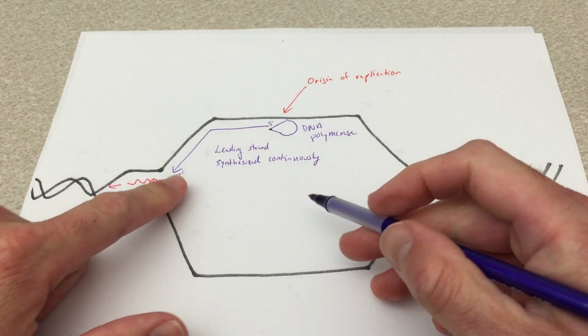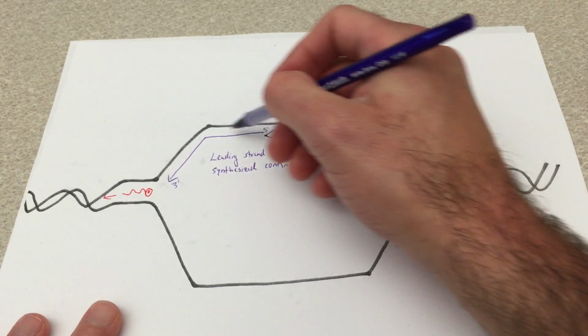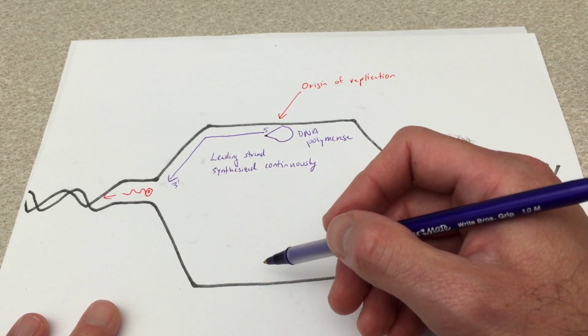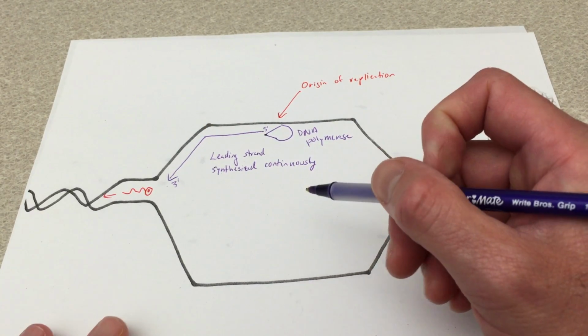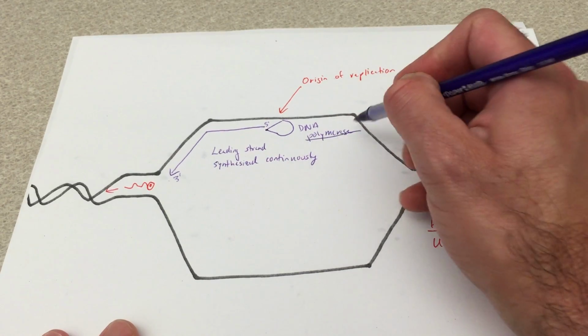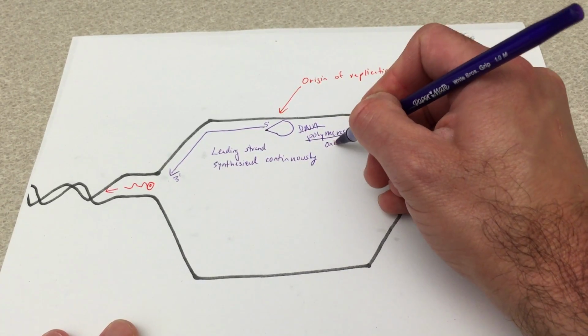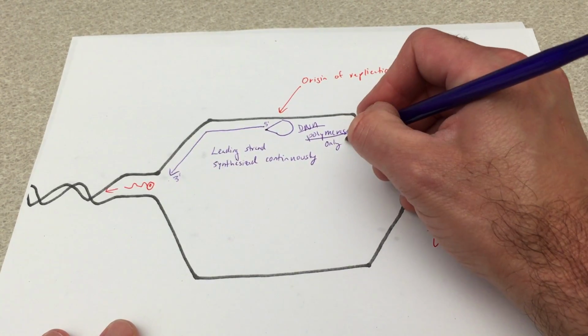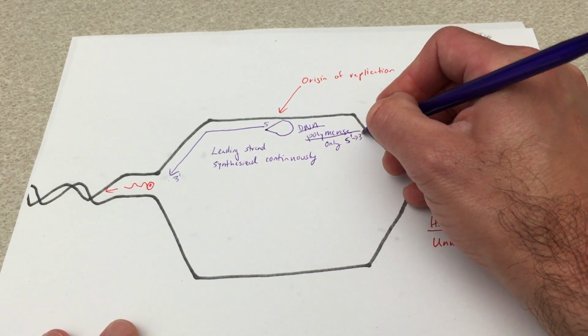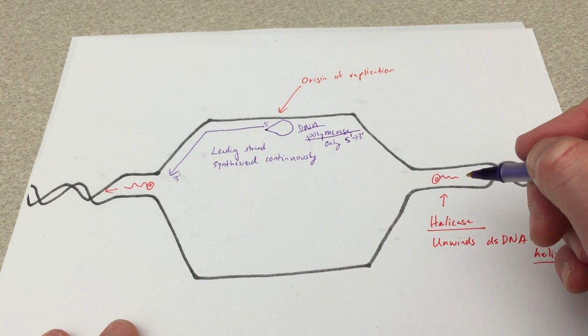Now, remember that DNA, double-stranded DNA, is anti-parallel? Well, one of the interesting things about DNA polymerase is that it can only synthesize new DNA in the 5' to 3' direction.